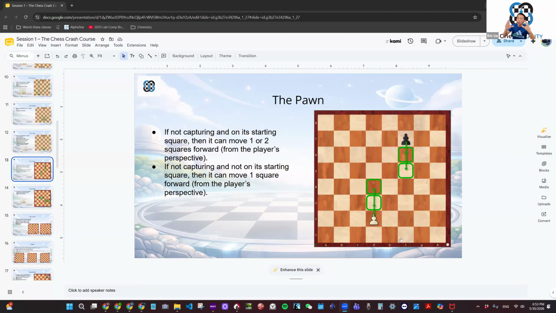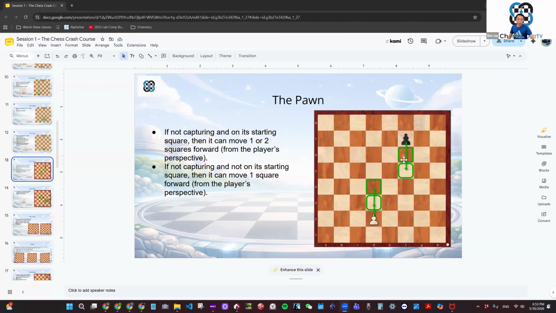Because the white player in this position is on the bottom, moving up means moving up to the 8th rank. But the black player is on the top, so moving up means moving up to the 1st rank.